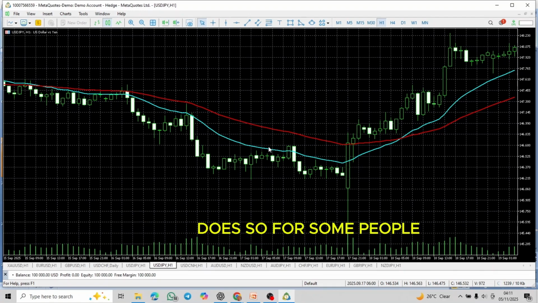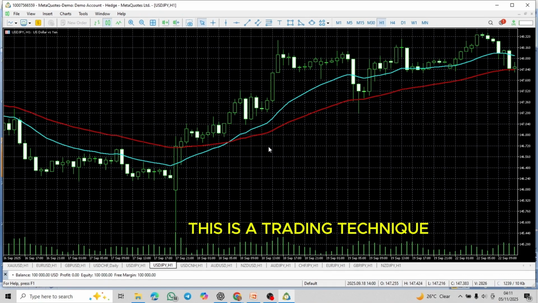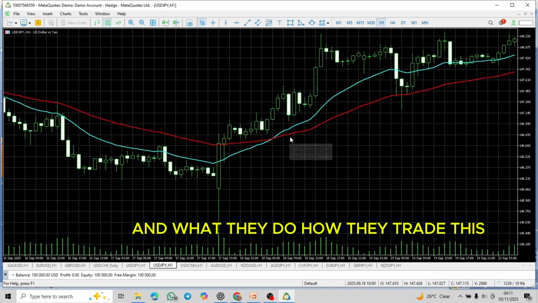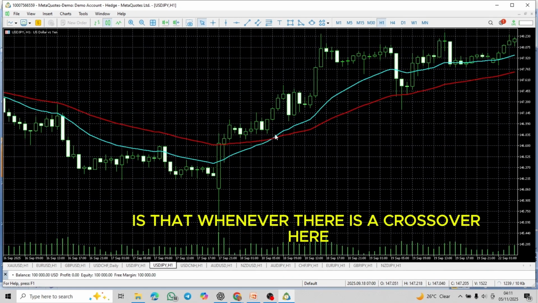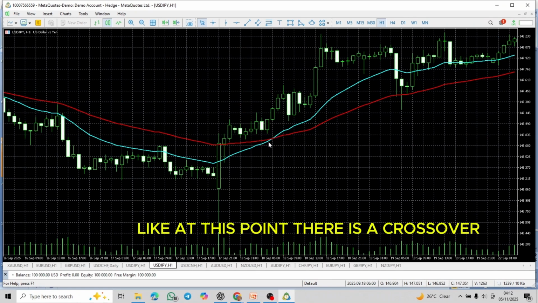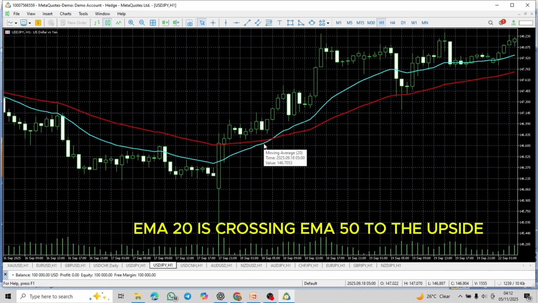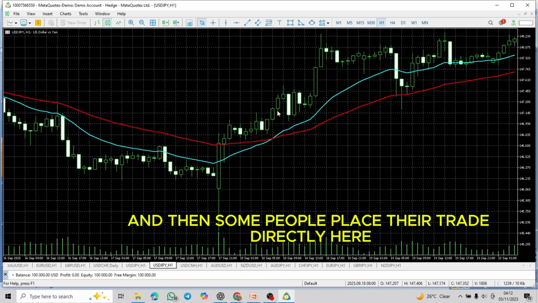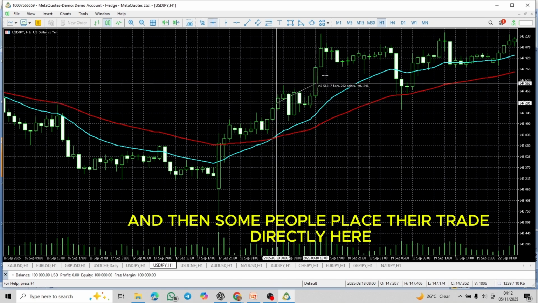For some people, this is a trading technique. How they trade this is that whenever there is a crossover, like at this point, EMA 20 is crossing EMA 50 to the upside, some people place their trade directly here.